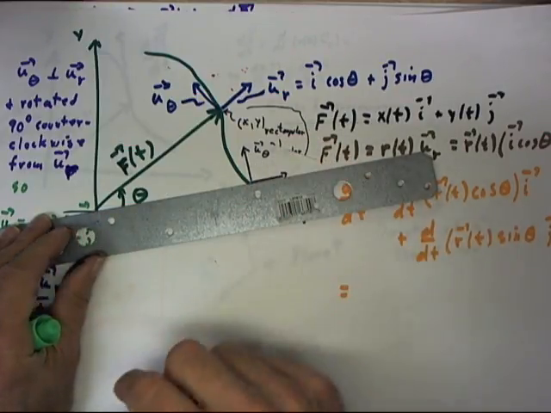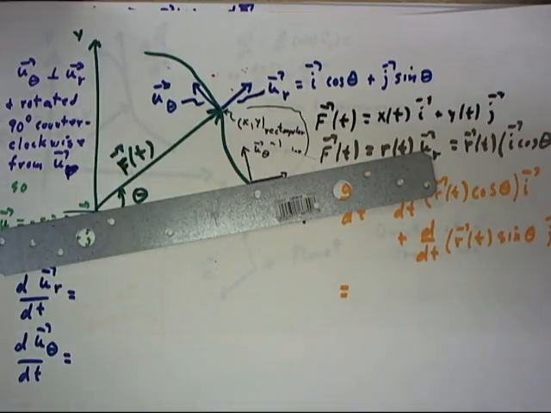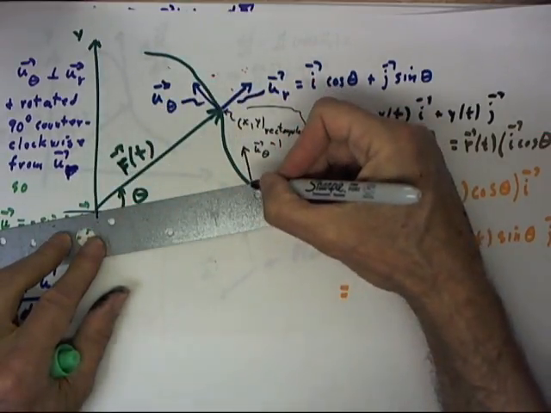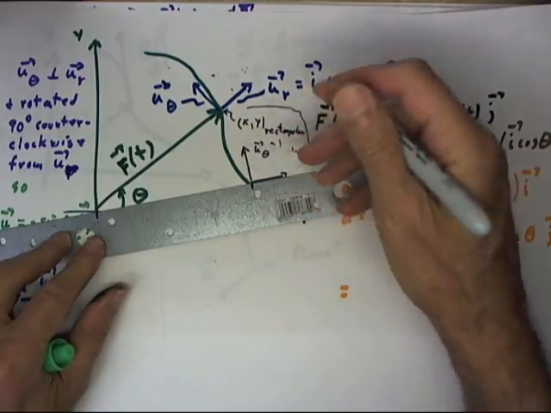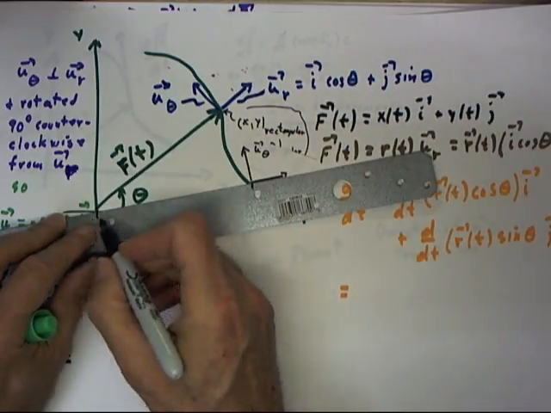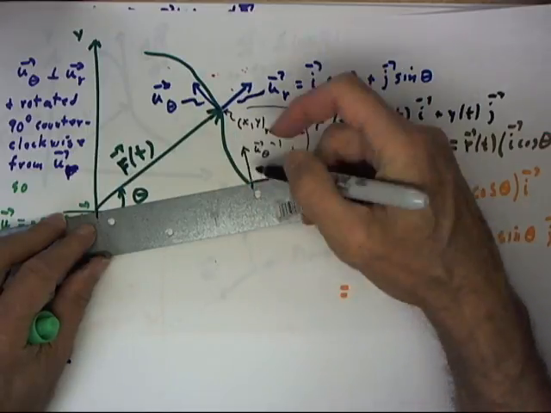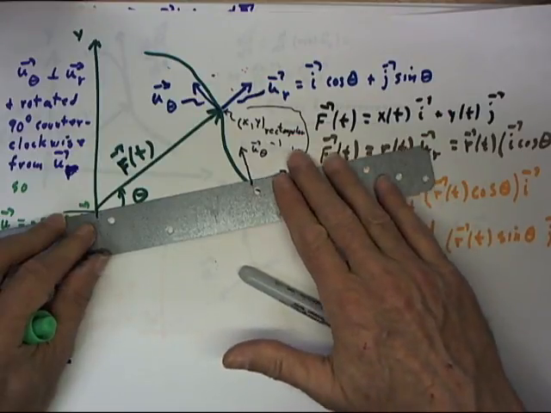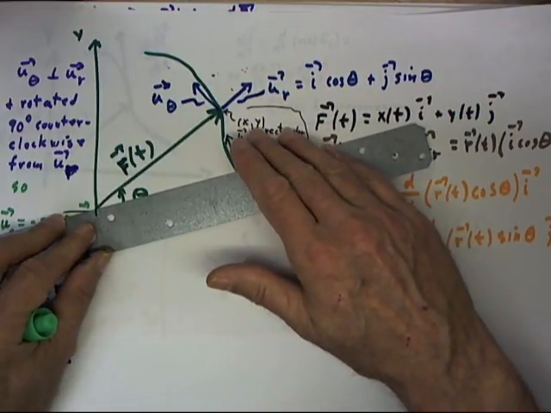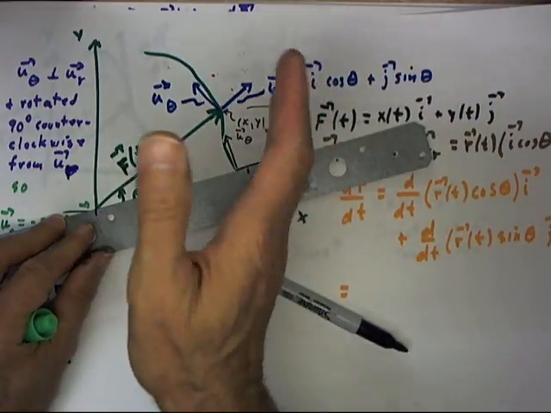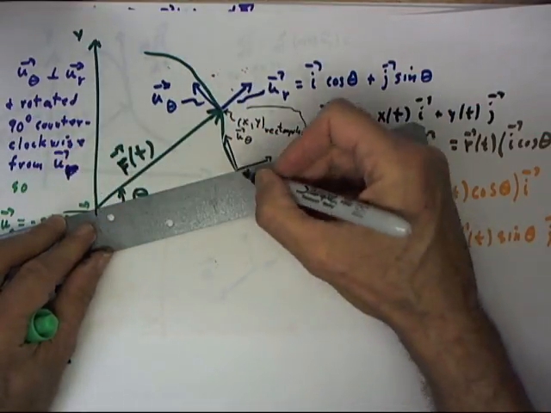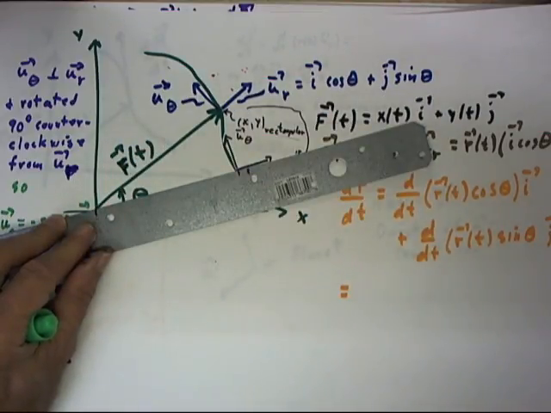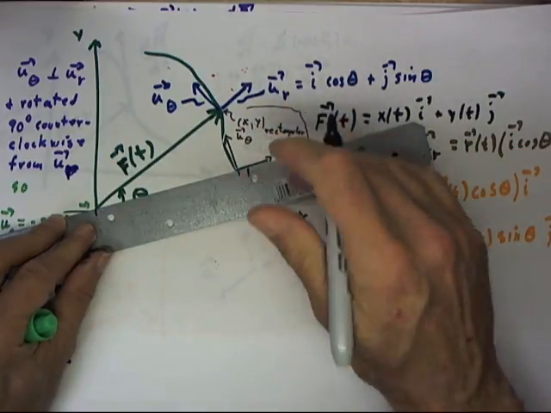Now, this metal strap here is oriented along the line, and here's the point of the origin, here's the point of our function at this particular instant. Now, if I rotate a little bit, then the u_r vector and u_theta vectors rotate a little bit. I notice that the r vector, the distance from the origin, has gotten shorter. I started here, and now I'm here.